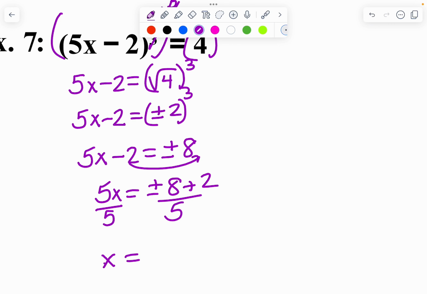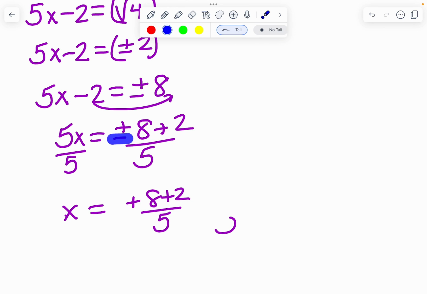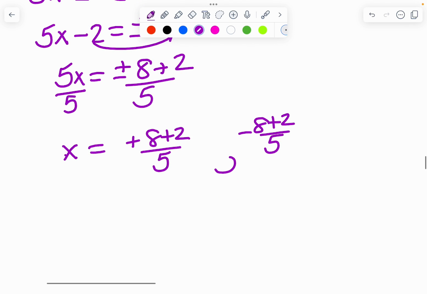Now I actually want what these answers are. One answer is positive 8 plus 2 over 5. And another answer is negative 8 plus 2 over 5. And actually compute that. So this becomes 10 over 5, which is 2.